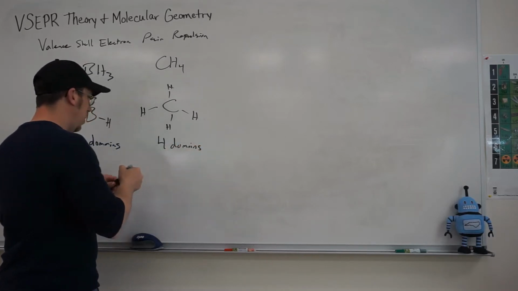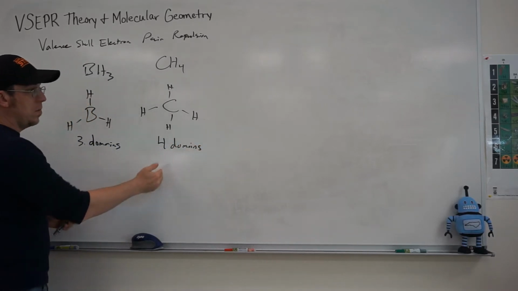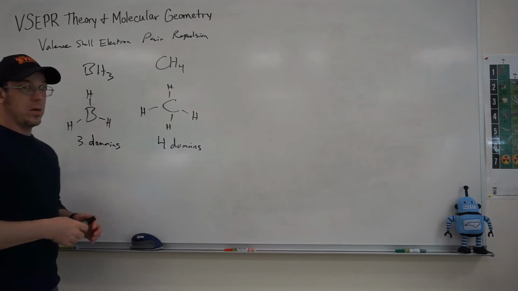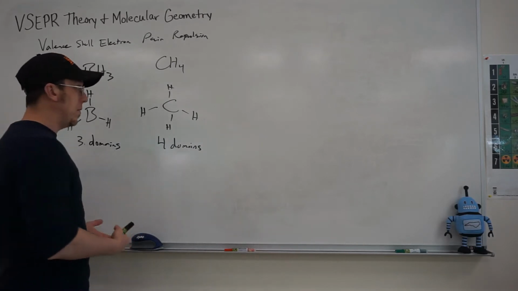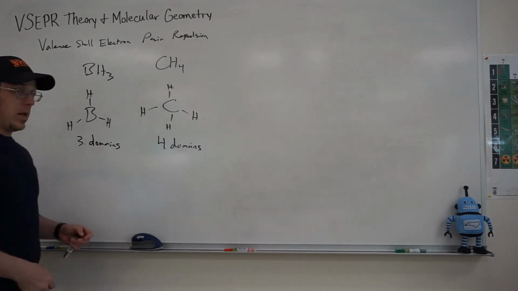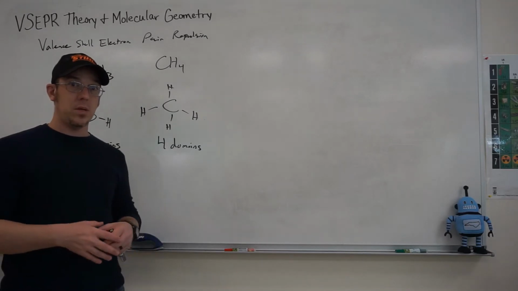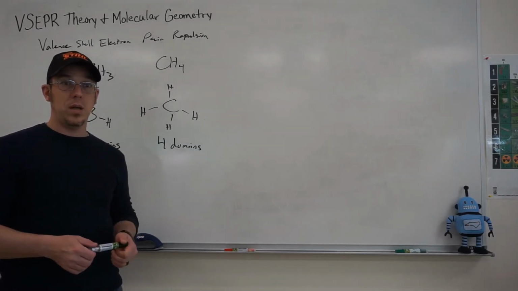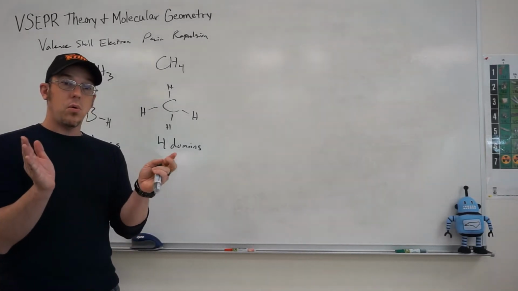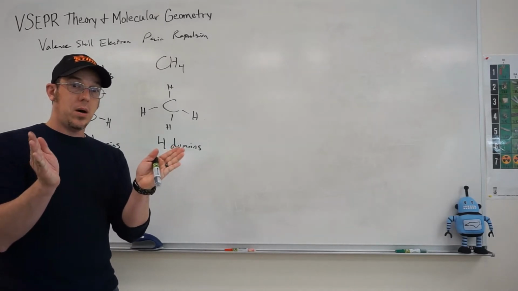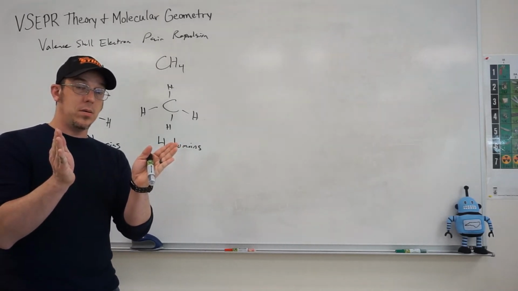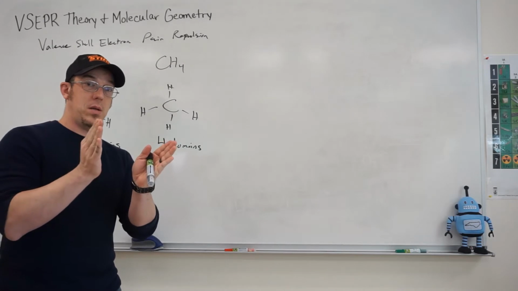And as we start to increase domains, we start to cause the molecules to shift in their geometry. That's because the electron pairs themselves create repulsions. As you add more electron pairs in, it causes the bond angles to decrease in their values.